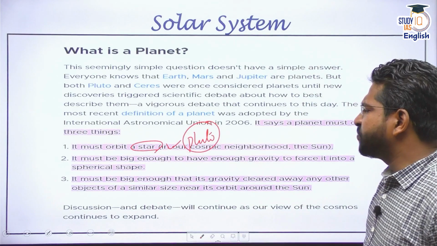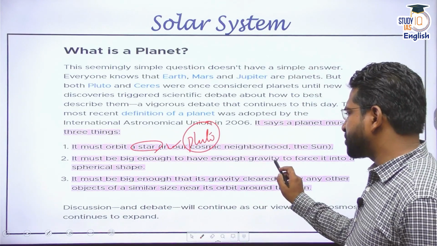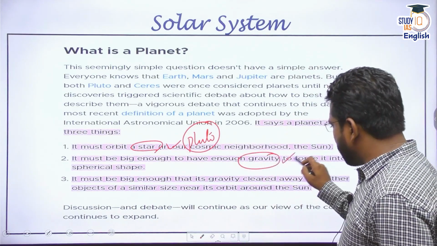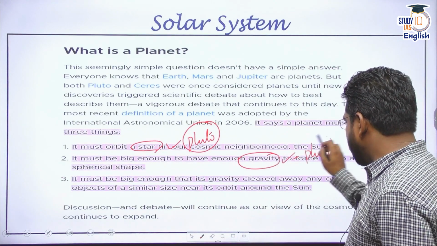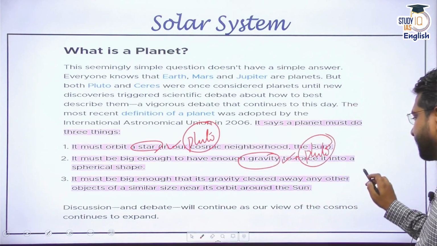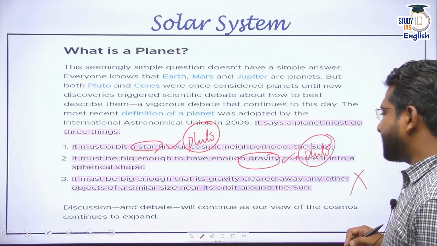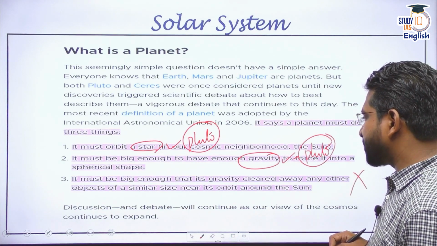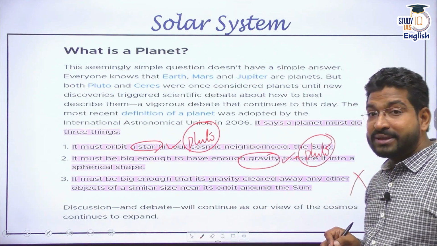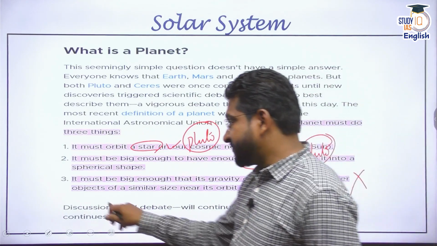The second one is, it must be big enough to have enough gravity to force it into a spherical shape. Pluto also does this. Pluto is spherical in shape, but Pluto does not satisfy the third condition. It must be big enough that its gravity has cleared away any other object of similar size near its orbit around the sun. Pluto does not satisfy this third condition.